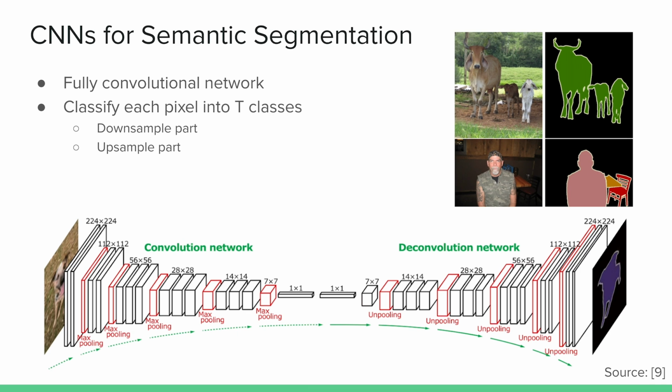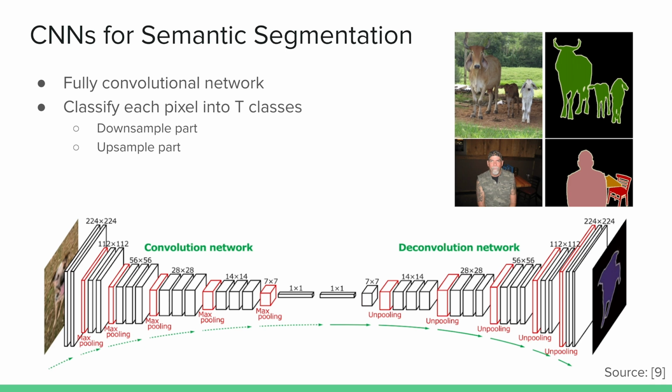We force the network to make a decision and say, okay, what is this pixel? And then we do a so-called upscaling or upsampling part, where we use a deconvolutional and an unpooling layer to get back to the original input image size, but with the information which class should be there.